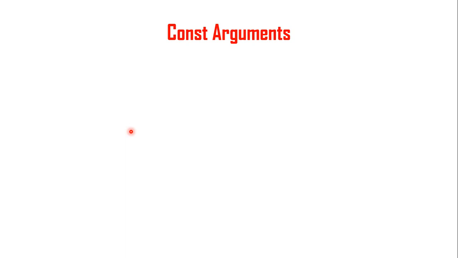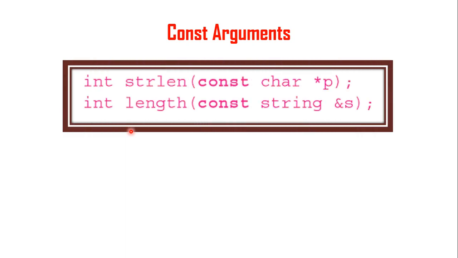Now constant arguments. We can have constant arguments. That means any parameter which is not going to be changed during the function execution can be made constant.